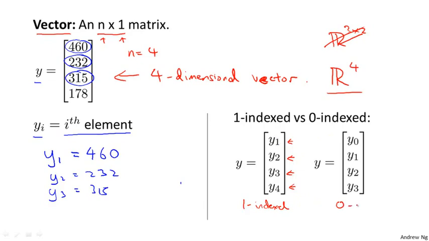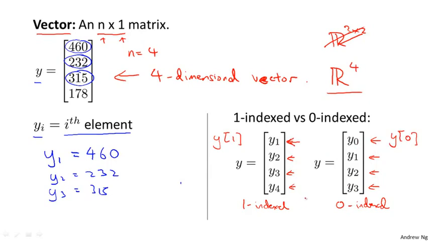The example on the right is a 0-indexed vector, where we start the indexing of the elements from 0, so the elements go from y0 up to y3. This is a bit like the arrays of some programming languages, where arrays can either be indexed starting from 1 or starting from 0, depending on which programming language you use.